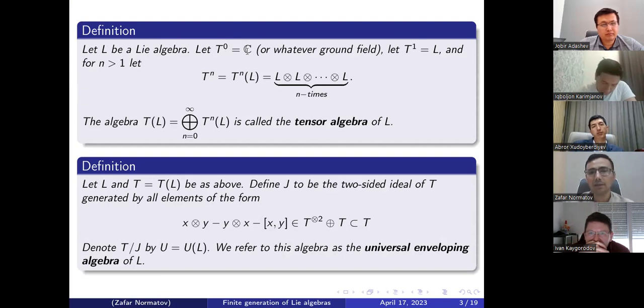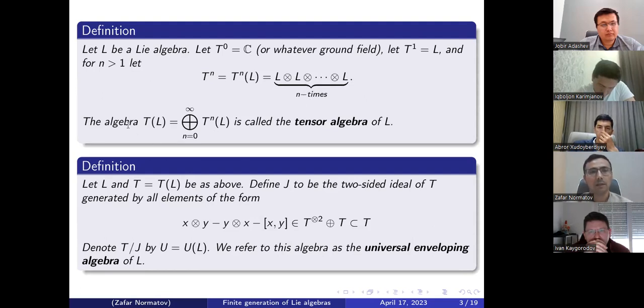T0 is just the ground field; in our case we take the complex numbers. We denote by T1 the space L, and for the n-th power we take the tensor product of L with itself n times.